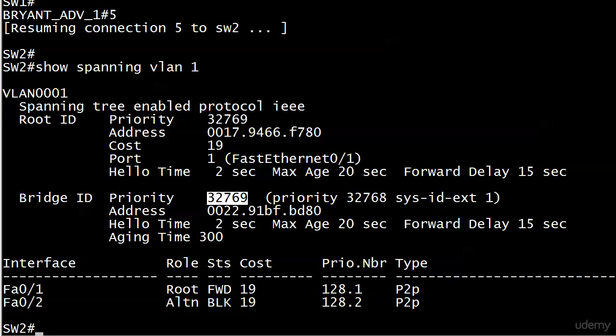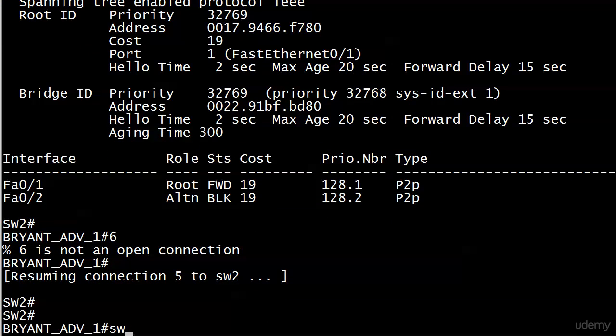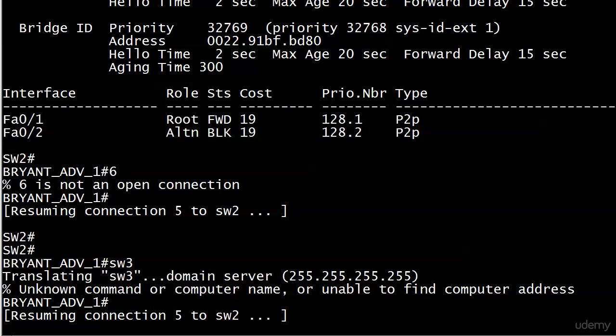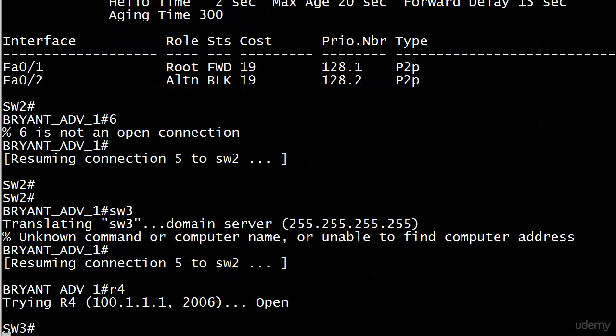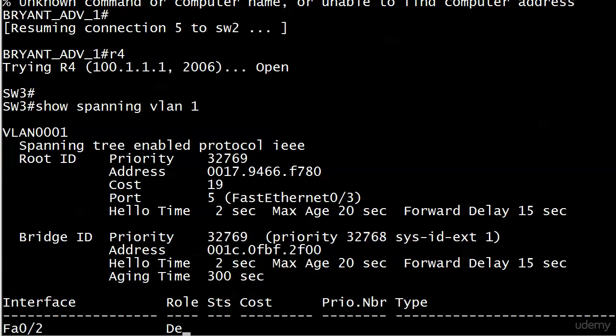So it all comes down to who has the lowest MAC address. And there it is, 002291BF BD80. It'll probably only go to 0022 to even see which one has the lowest one. Whoops, I thought I had opened that. Never mind. Thank you. And we'll do a show spanning VLAN 1.